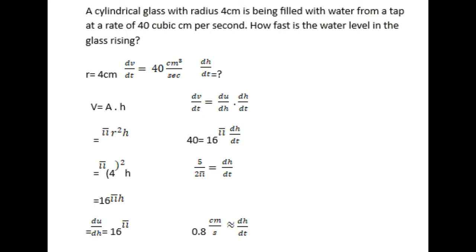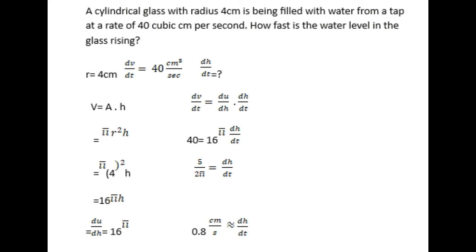So our missing is dH over dt, but first we will find our dV over dH by using the formula V equals A times H, and it will become V equals pi r squared times H, and we will substitute 4 to our r because our r is equal to 4 centimeters.